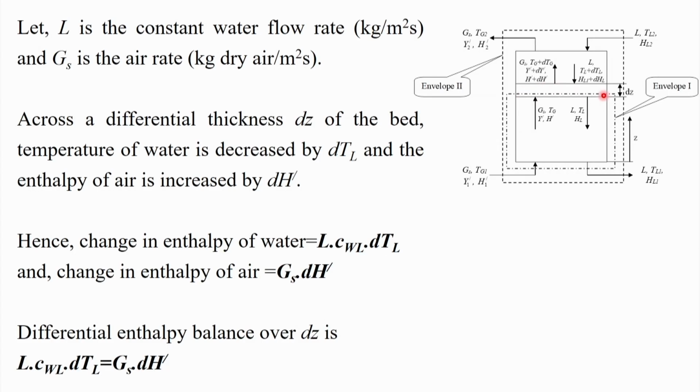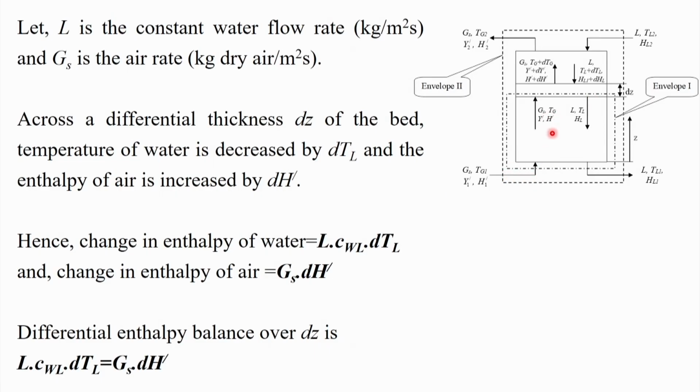So, across a differential thickness dz of the bed, the temperature of water is decreased by dTL, and the enthalpy of the air will be increased by dH prime, as some amount of water will be evaporated, and the evaporated water vapor will be added to whatever air is coming from the bottom of this cooling tower.